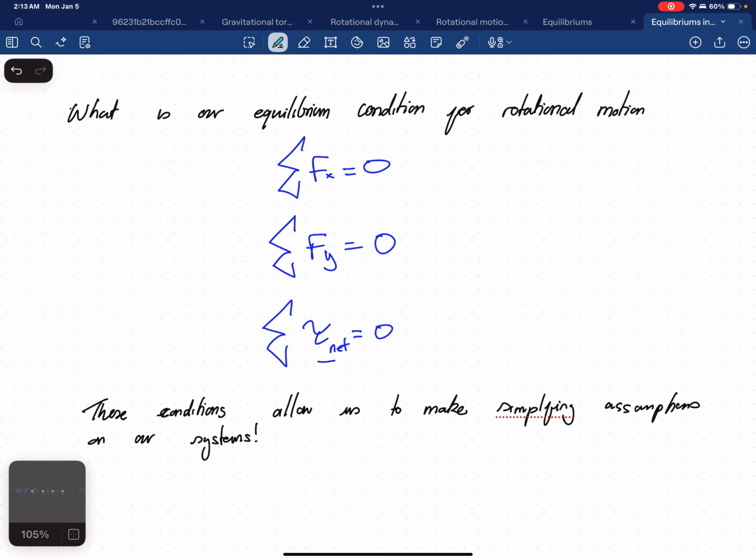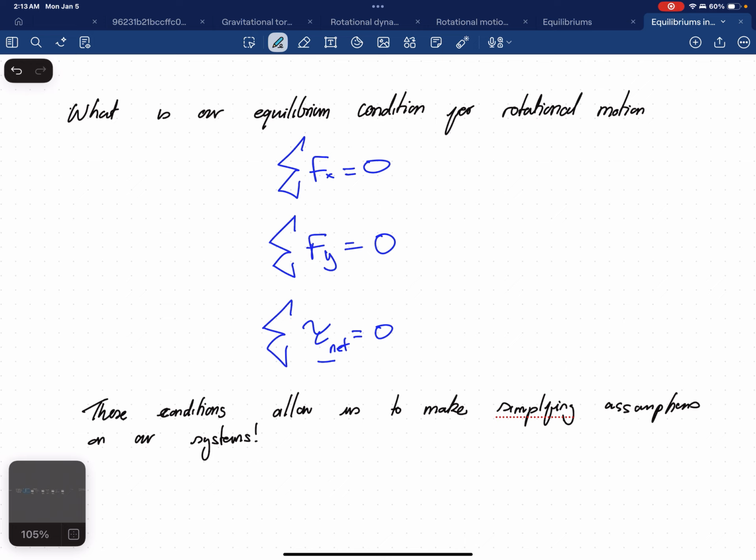So the net torque being 0 basically means that the magnitude of all the positive, counterclockwise torques equals, but is different in sign to, the magnitude of all the clockwise torques. Thus, they'll sum to 0.